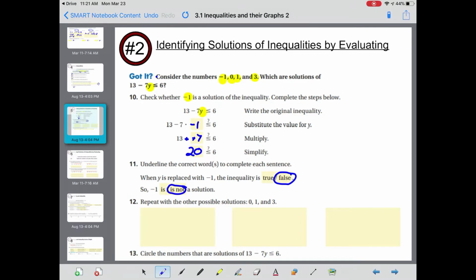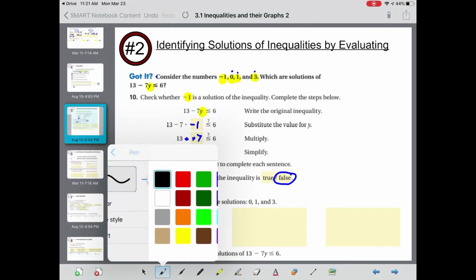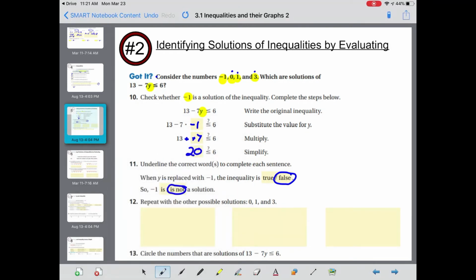They want us to repeat this process with the next 3 numbers, 0, 1, and 3. So what I'm going to do is write the original inequality in each box, which is 13 minus 7 times a variable is less than or equal to 6.